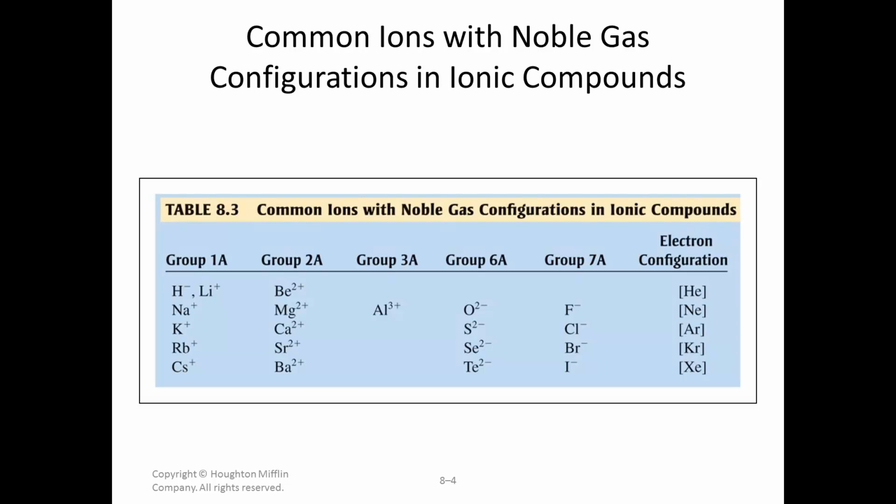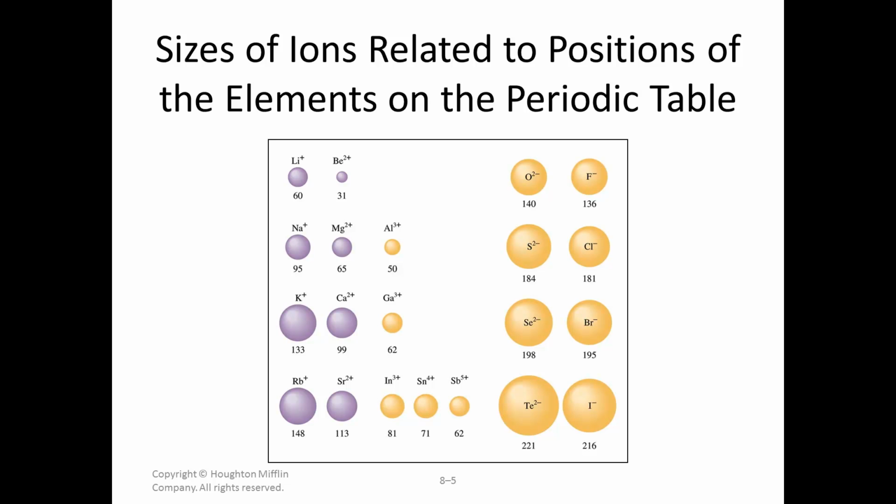Ion size is important in determining structure, stability, properties, and biological effects of ionic solids. It's impossible to define ion size precisely. There are, however, trends in ion size which are very definite. In general, we see that cations form by removing electrons, and so cations are smaller than their parent atom.